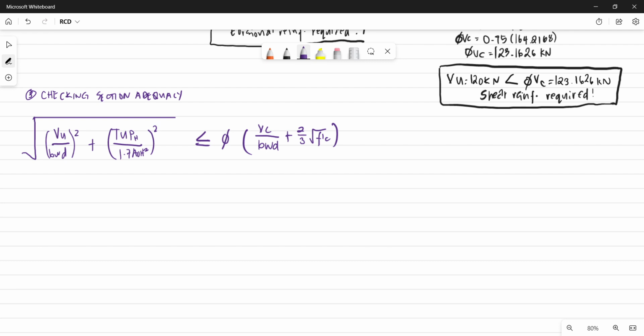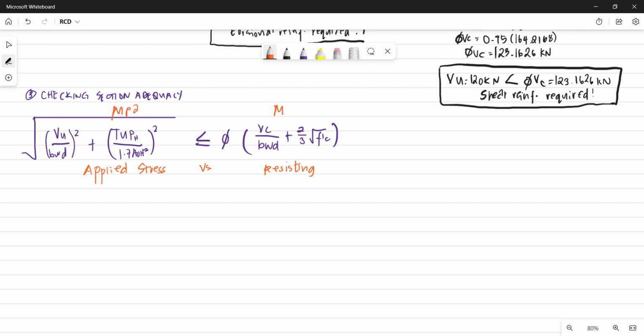So we are comparing your applied stress, this is your applied stress, versus your resisting factors. Okay, so this is in terms of MPa.